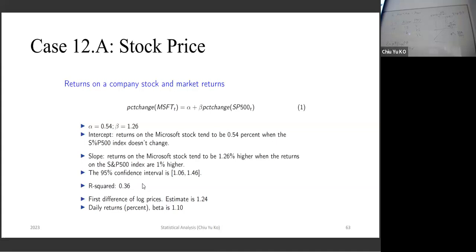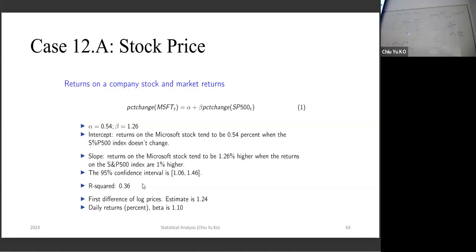Is it crazy? This regression, if you learn finance, is a very common regression. This coefficient is actually called beta. If you learn regression, this is alpha, alpha investment, and beta is the risk. Otherwise, why do they run that? But just to say, if the beta is high, it means the stock is sensitive to the market return.